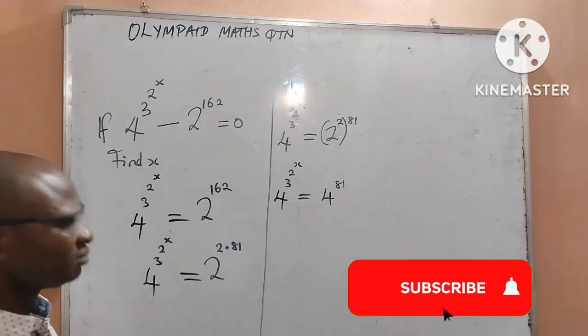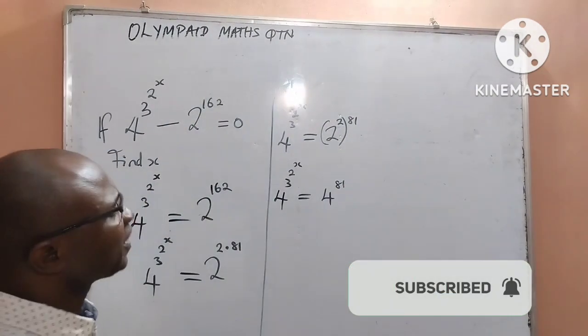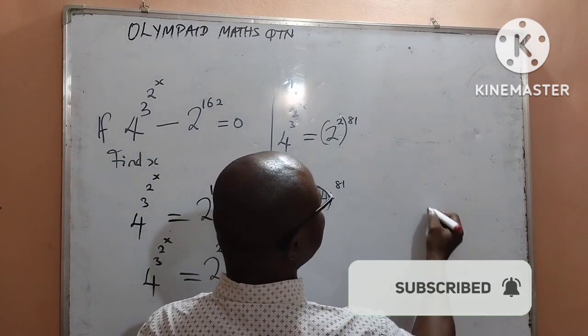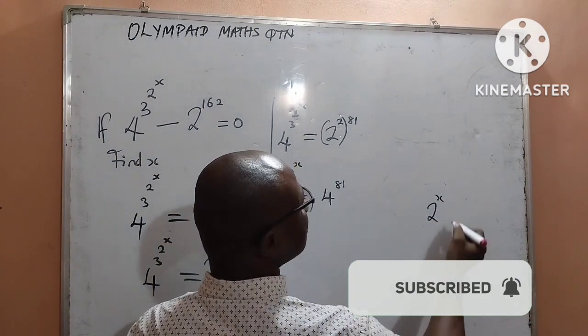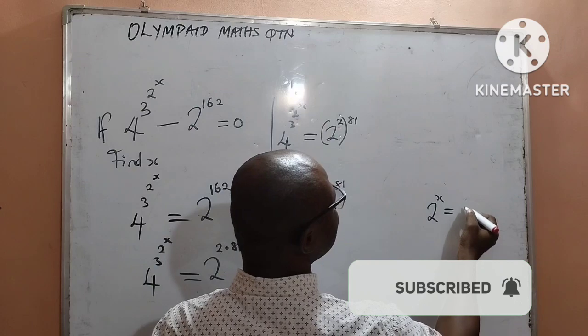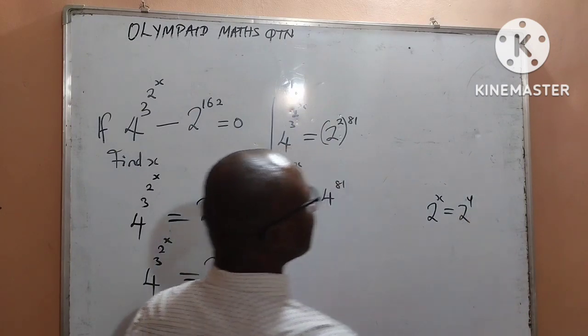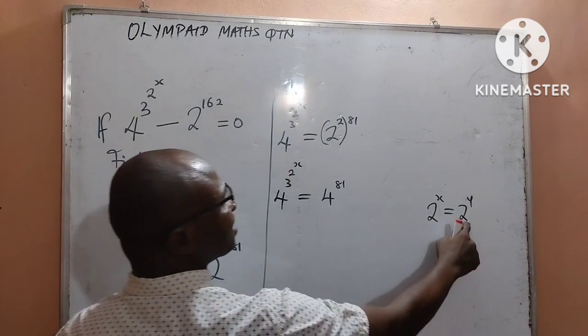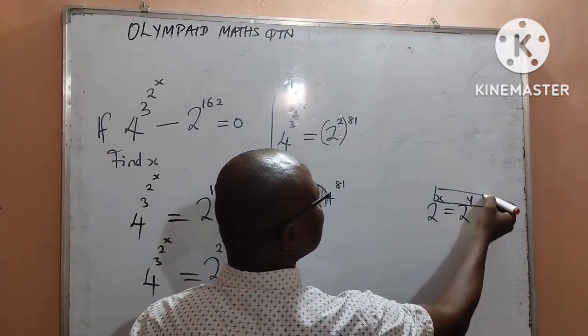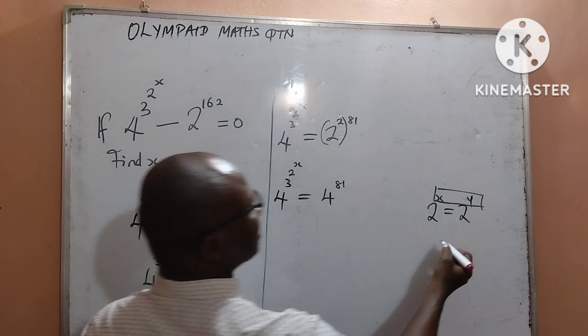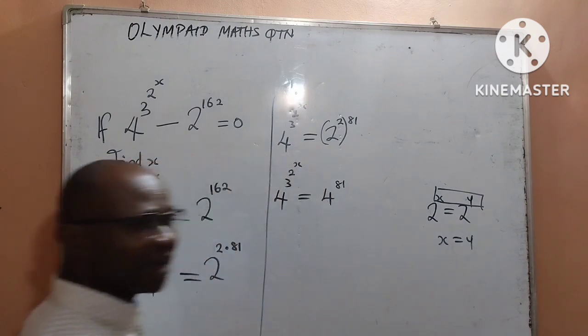Now look very well and remember the law of indices that says if I have 2 to the power of x equal to 2 to the power of y, since the bases are equal, it also implies that the powers should be equal. That is, x should be equal to y.